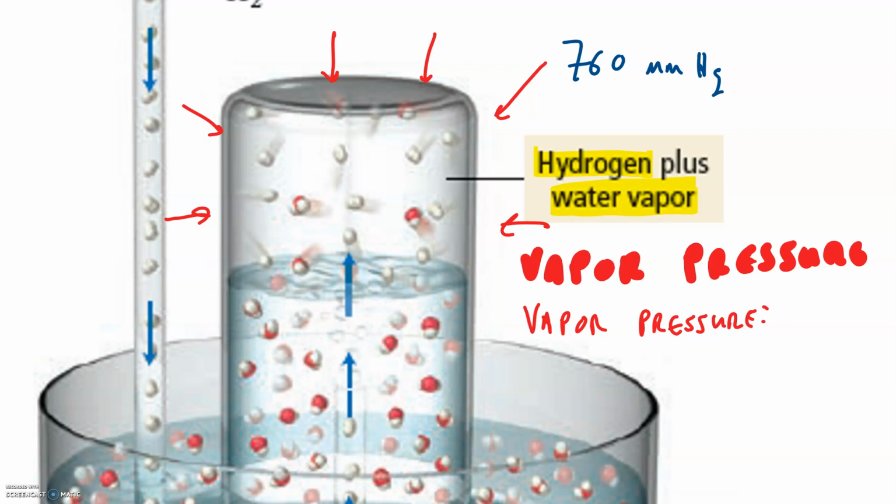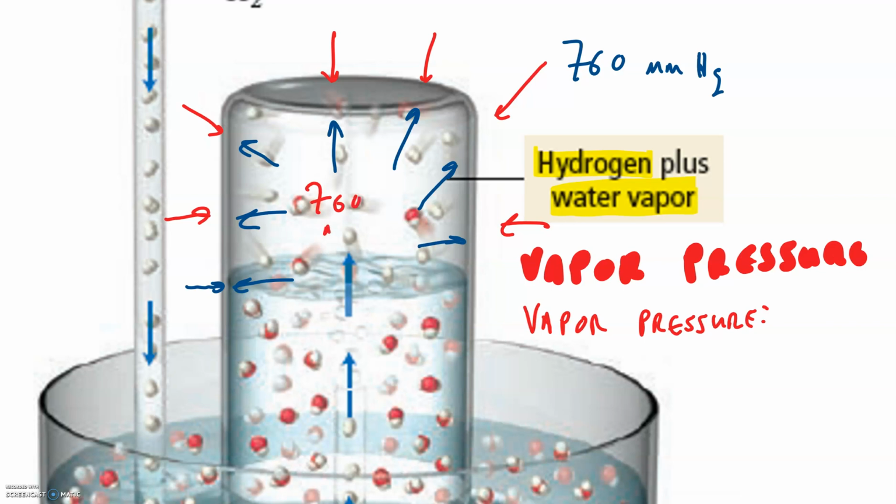Because the pressure outside the trap is 760 millimeters of mercury, and once we stop producing our gas the level of water in the trap stops moving, the pressure inside this trap has to be equal to the air pressure outside the trap. So we'll say that the air pressure inside is also 760 millimeters of mercury.